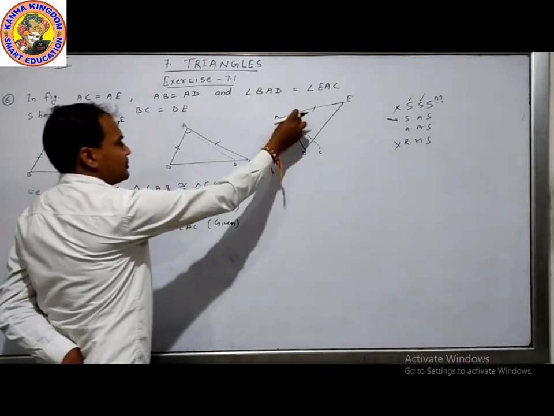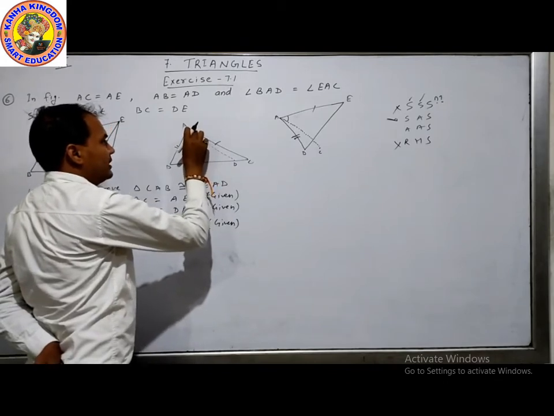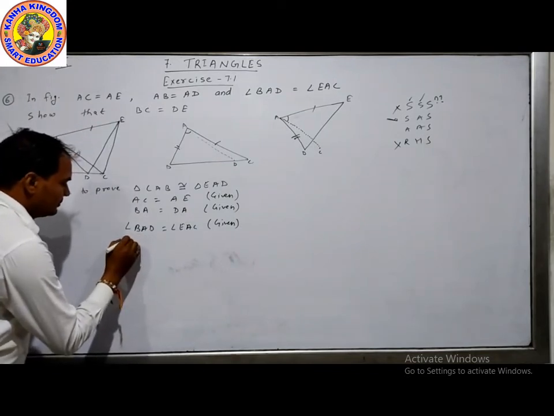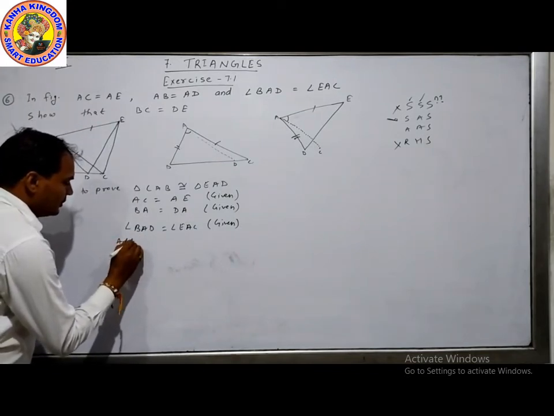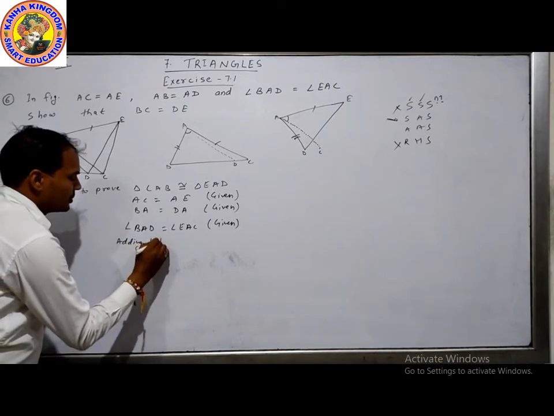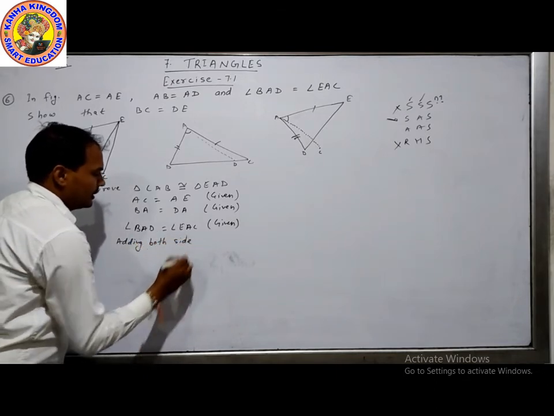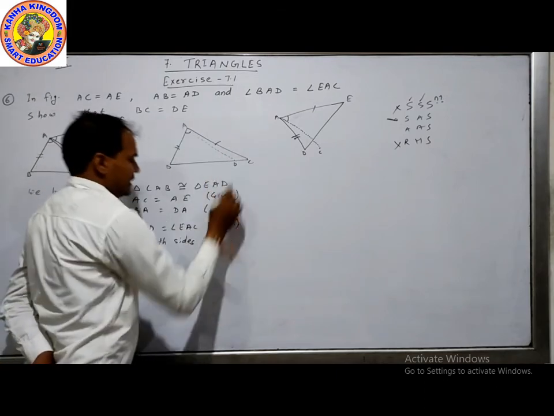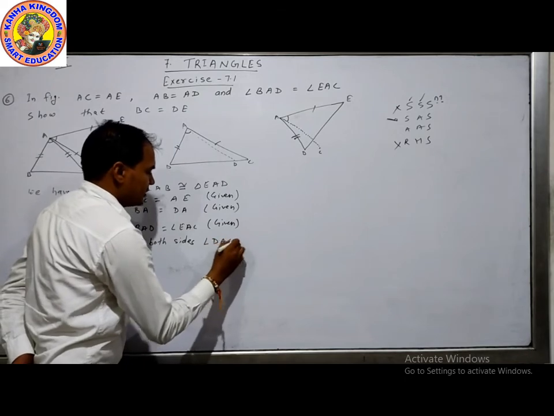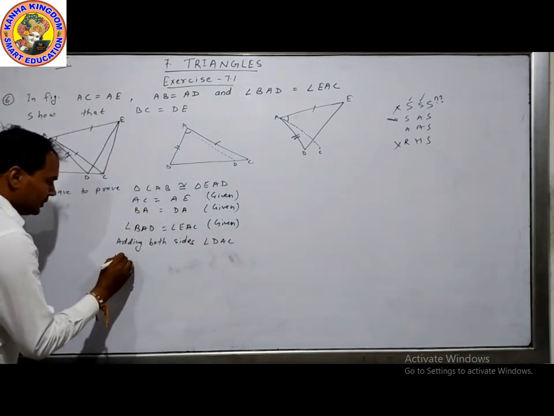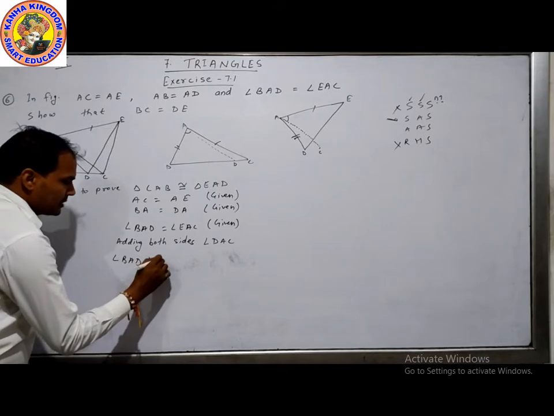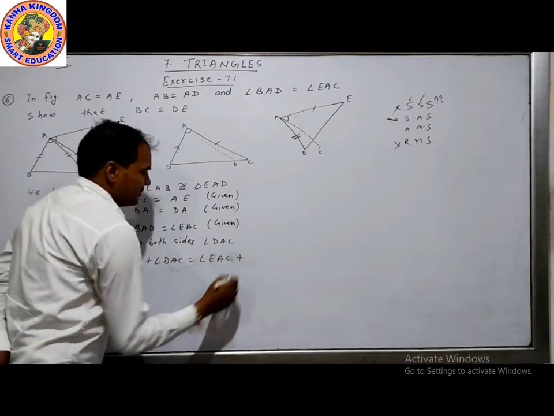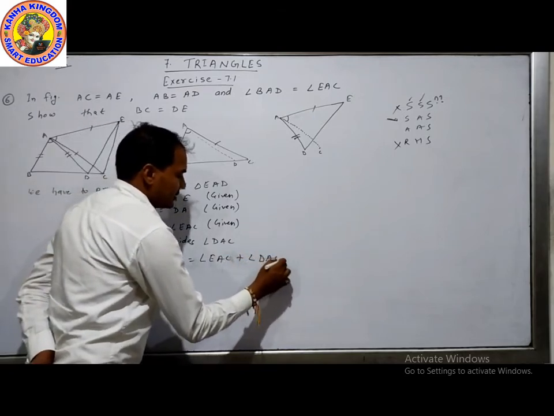Now this is a small angle, we have to add a small angle which is common. Adding angle DAC on both sides: BAD plus DAC, and on the other side angle EAC plus angle DAC.